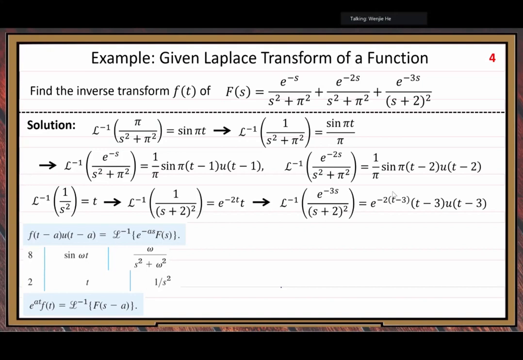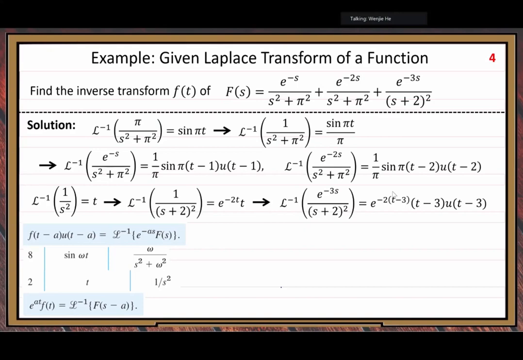For the F function, we replace t by t minus a. Here a is positive 3, so we replace t by t minus 3, then times the u part.